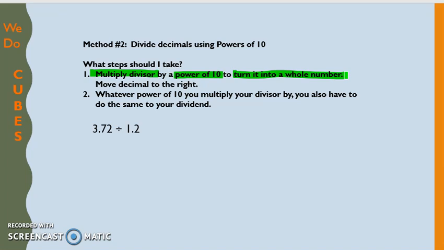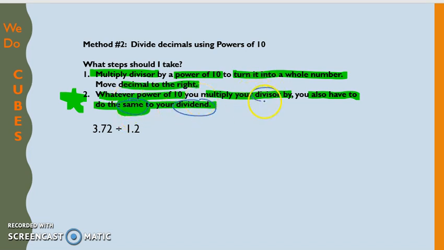And we're going to move the decimal to the right. And this is really key right here. Whatever power of 10 you multiply your divisor by, you also have to do the same to your dividend.